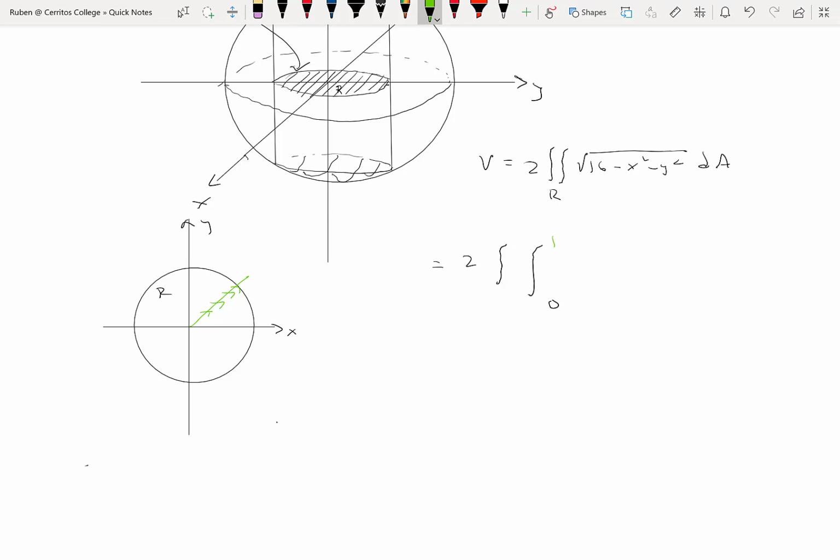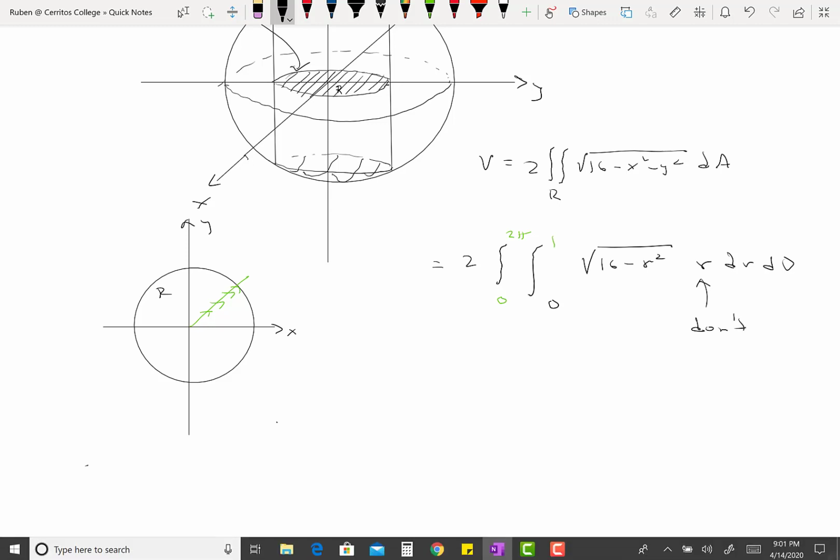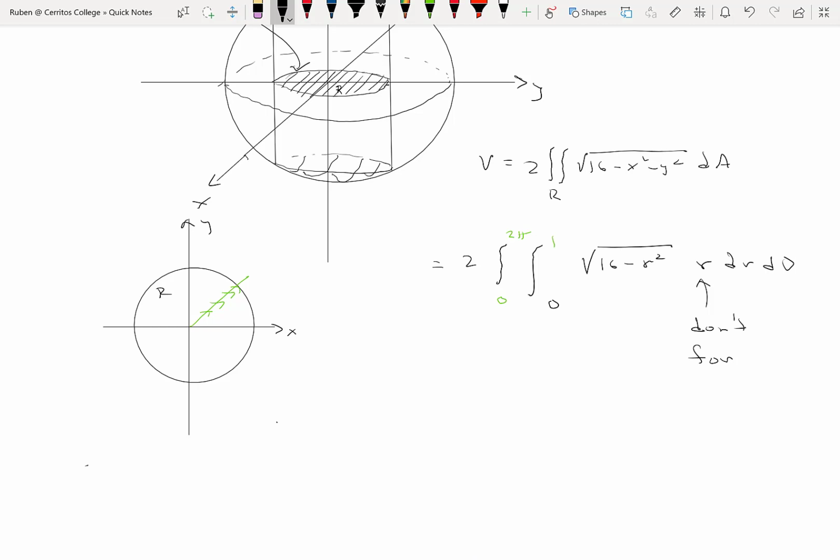And then to sweep out this entire radius 1 circle R, theta goes from 0 to 2 pi of the square root of 16 minus r squared r dr d theta. dA is always r dr d theta, not dr d theta. Don't forget the little extra r when you're integrating a polar integral, or integral in polar form.